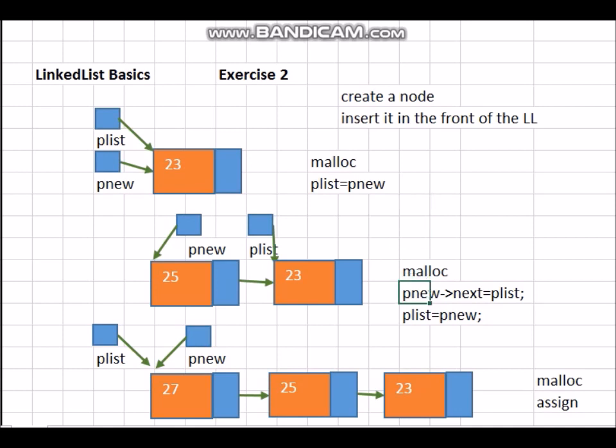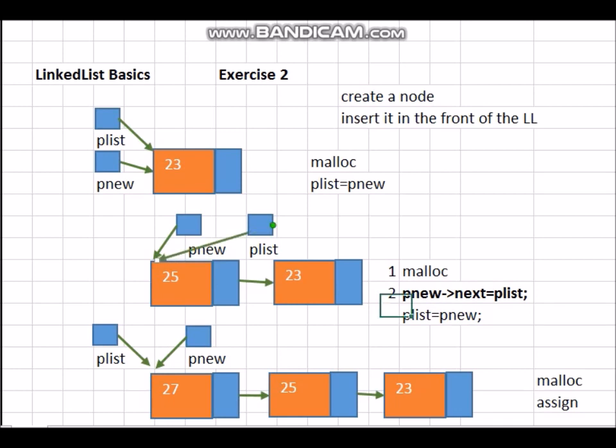So that's our first step of code which I've shown here. So allocation is first step. Okay, second step of code is what we just now discussed. Pnew's next will become plist. Now since 25 is now the front of the node, what we ideally want is this plist arrow has to now point to 25 and not 23.